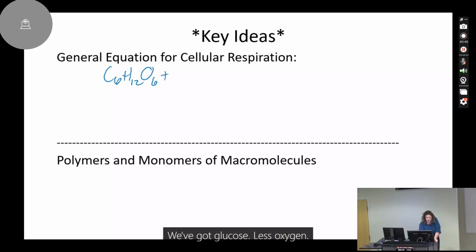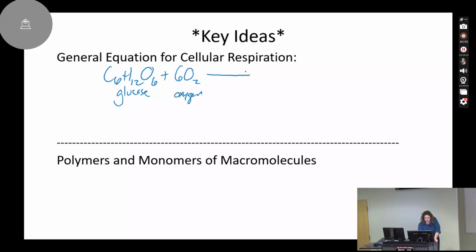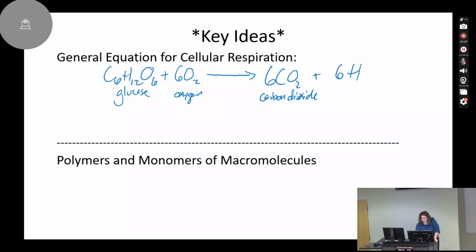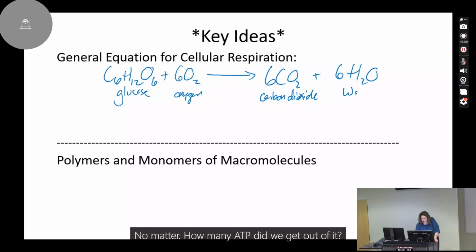We've got glucose plus oxygen, and we make carbon dioxide, water.